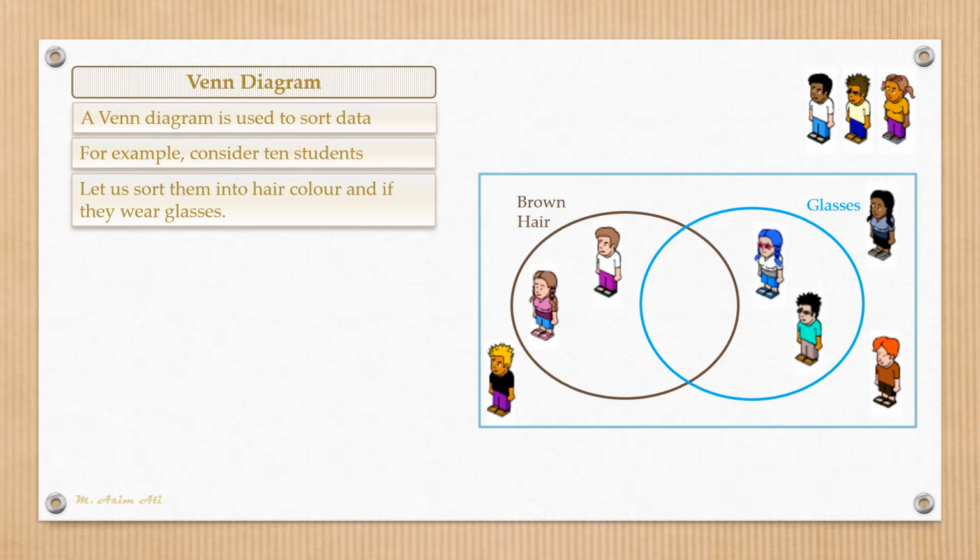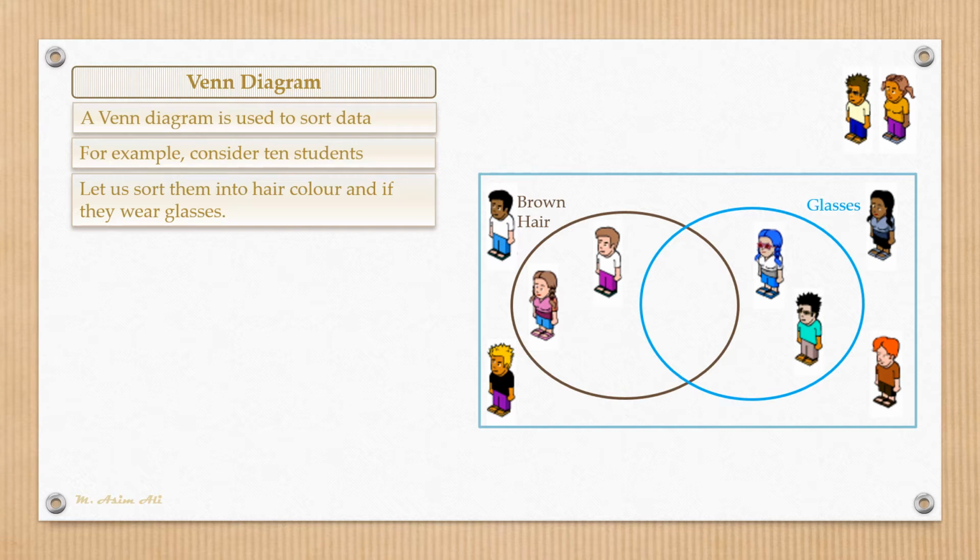All right. Next is a student who doesn't have brown hair and who is not wearing glasses, so he will come outside of the two sets. Next is a student who has brown hair and he's wearing glasses, so he should come in the brown hair set and in the glasses set. So we will make him stand in such a position that he is in the brown hair set as well as in the glasses set.